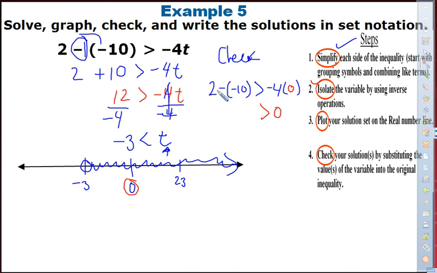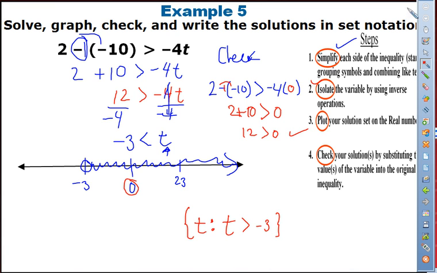Negative 1 times negative 10, that's positive 10. 2 plus 10, that's 12. Is 12 greater than 0? Yes. Our notation: the set of all t such that t is what? Greater than negative 3.